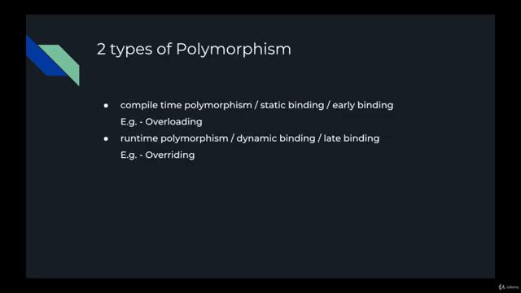There are two types of polymorphism. One is compile-time polymorphism, or static binding or early binding, and another one is runtime polymorphism, or dynamic binding or late binding. An example of compile-time polymorphism is overloading.